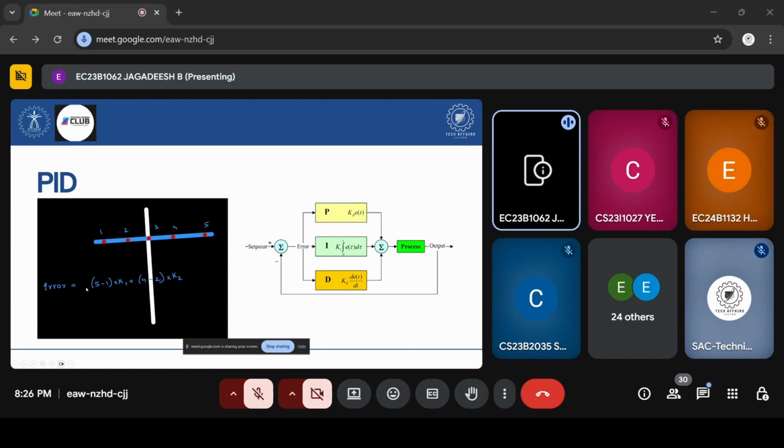To calculate the error, I'm considering 5 minus 1 times K1 plus 4 minus 2 times K2. K1 and K2 are weights of these values. If I want to follow the line and the line is at position 5, I should turn more to the right side. So K1 and K2 will act as weights.